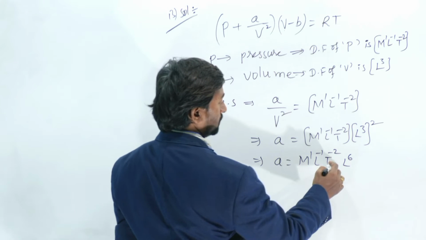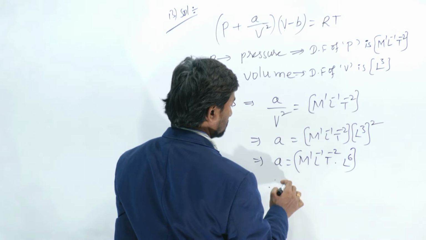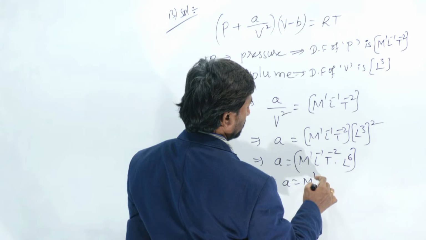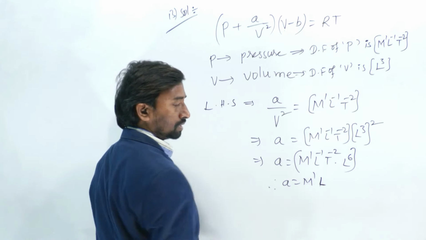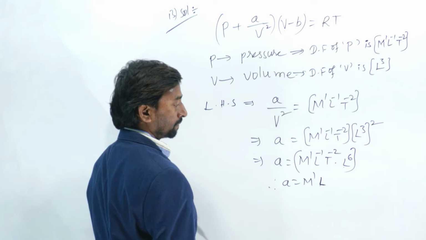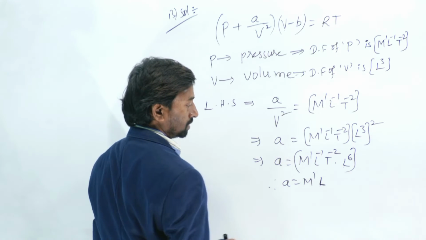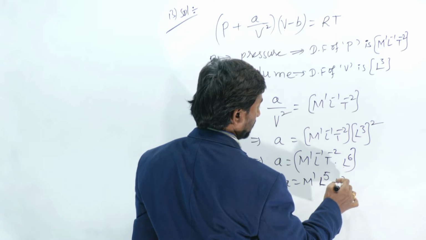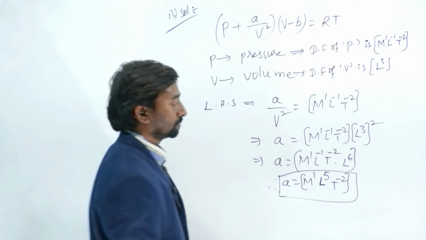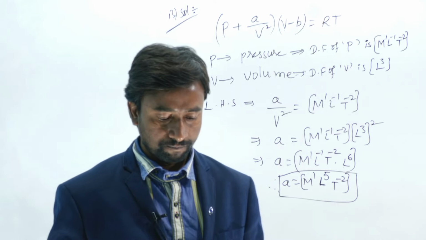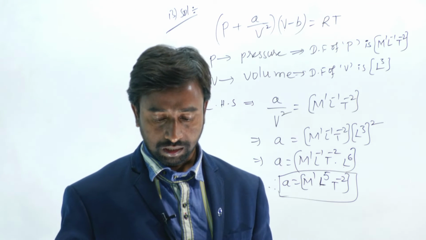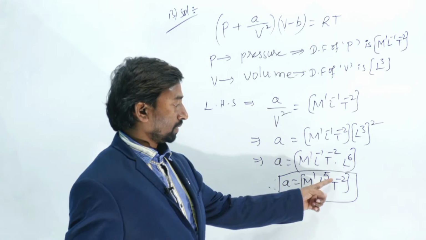Therefore A is M power 1, L power minus 1 plus 6, which gives L power 5, T power minus 2. So this is the dimension formula of A. The correct option is M power 1, L power 5, T power minus 2.